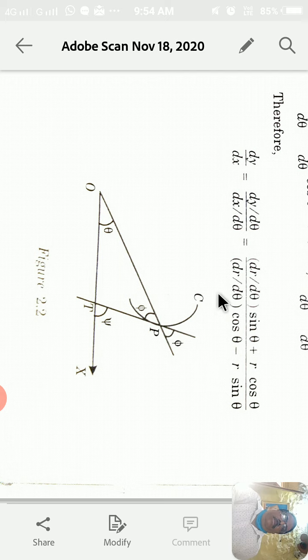Similarly, in the denominator the first term, dr by d theta cos theta, divided by itself gives 1, minus r into r divided by dr by d theta, times sin theta by cos theta, which becomes tan theta. Like that we get this.